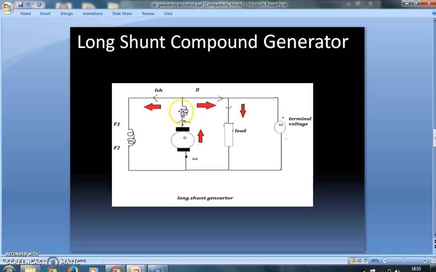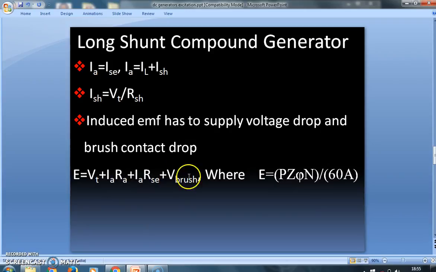So IA is equal to ISC, and this is nothing but the summation of ISH and IL. Once again the induced EMF is equal to VT plus IaRa, the drop due to the armature, and IaRSC, the drop due to the series field winding.